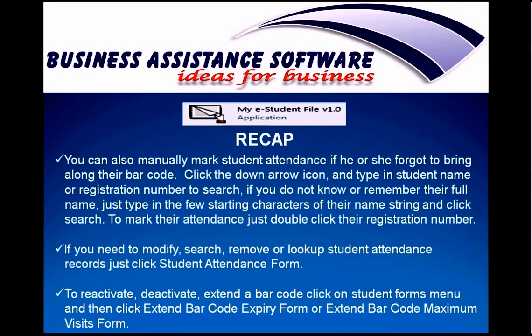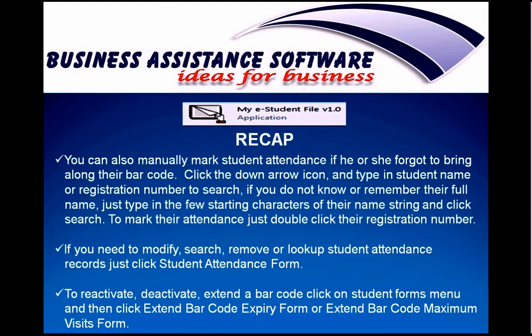You can also manually mark student attendance if he or she forgot to bring along their barcode. Click the down arrow icon and type in the student name or registration number to search. If you do not remember their full name, just type in the first few characters of their name and click search. To mark their attendance, just double-click their registration number.